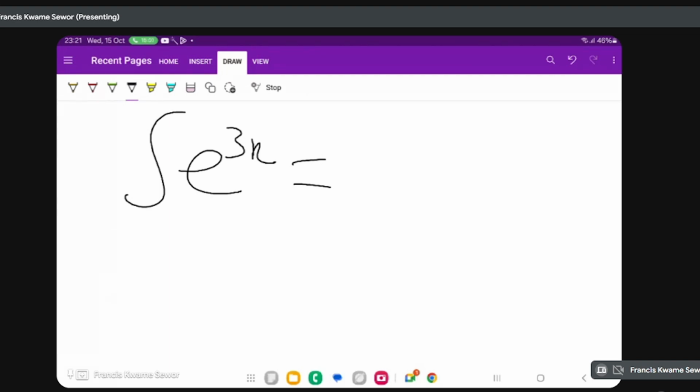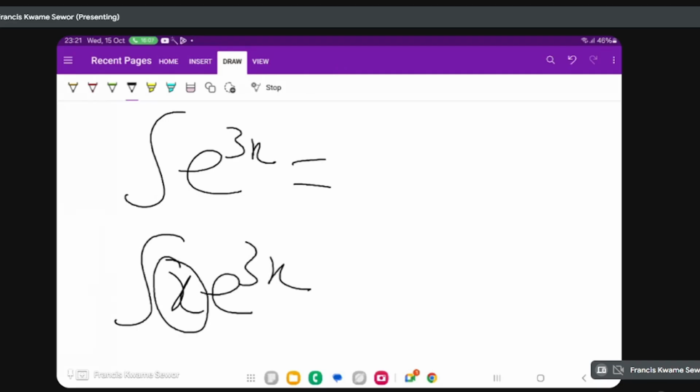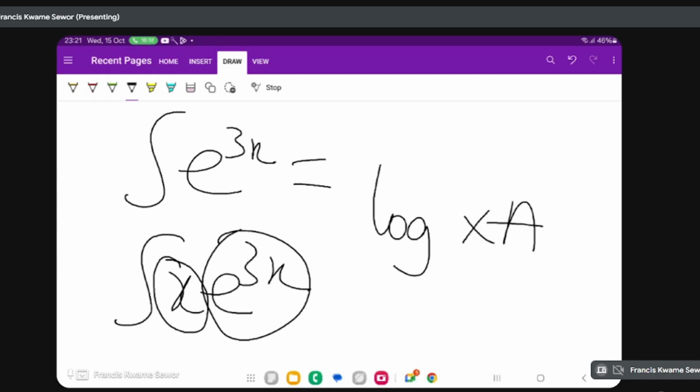So you can have x e to the power 3x. You see that x alone is algebraic, but the other one is an exponential function. So for by parts, you should see maybe a log multiplying an algebraic function, or a trig function multiplying a log. The functions are of different types. Are we good? Yeah.